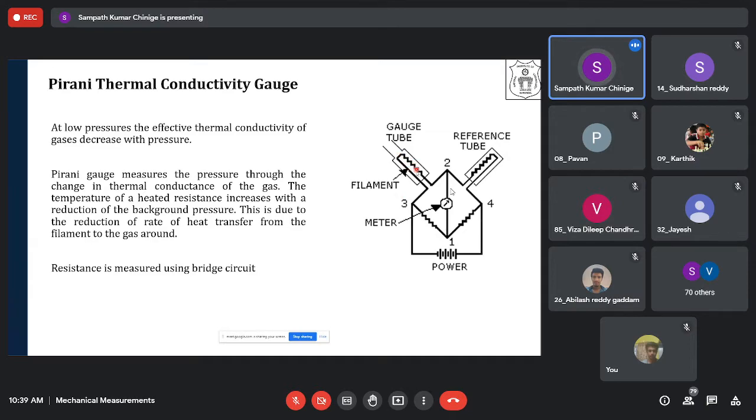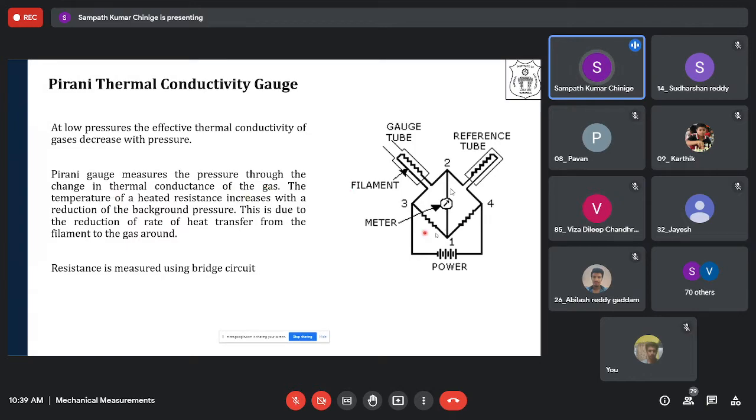This filament will try to develop heat. Generally, at a particular wave frequency, if the heat is coming out, we call it light. The same principle we use for our lights and all.